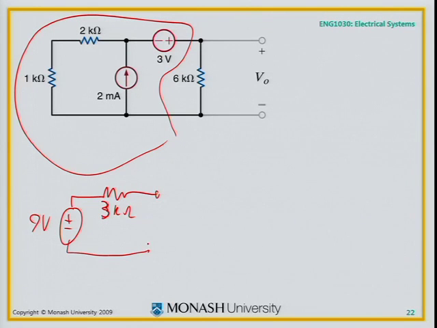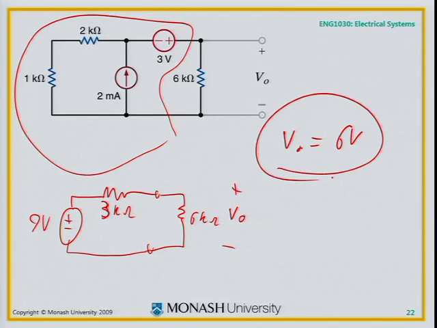That's that. Now I'll put the 6 k ohm resistor on it, and I ask you to find V0. V0 equals what? 6 volts. Case closed. You're all over Thevenin. Very good.